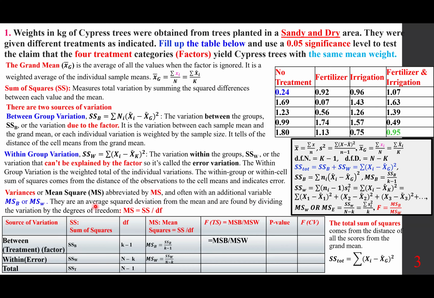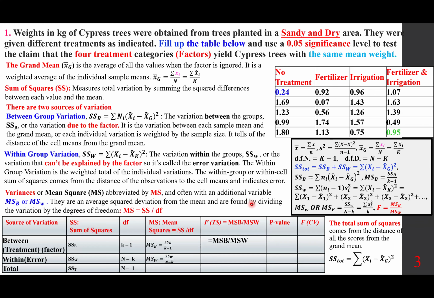They are an average square deviation from the mean and are found by dividing the variation by the degrees of freedom. For example, MS is in general SS divided by degrees of freedom. So in other words, the sum of squares is the numerator, and when you divide by the denominator, which is the degrees of freedom, it becomes a variance in each case.